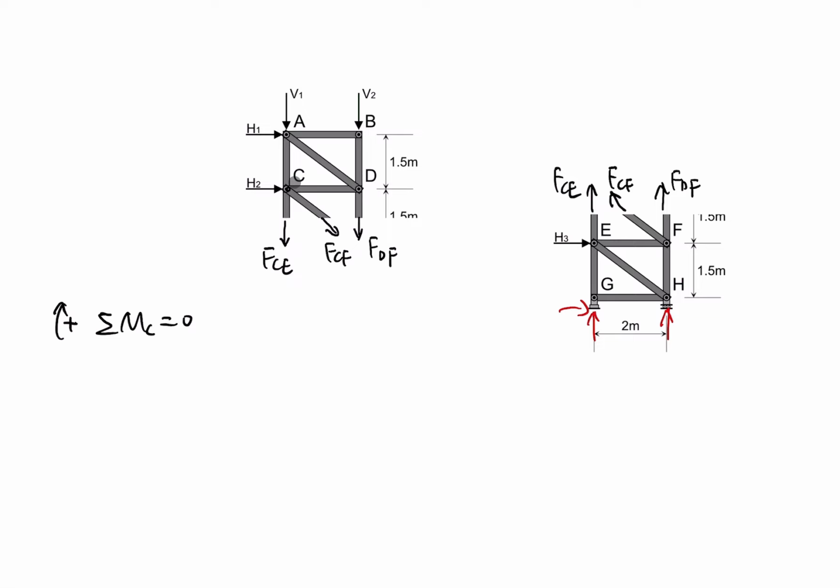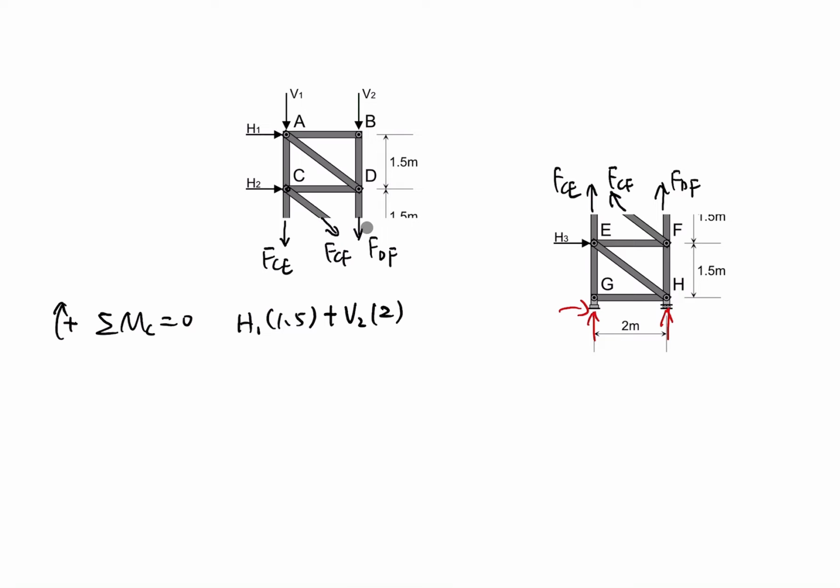First of all, we have H1. H1 has a bending moment at the joint C, and the lever arm is 1.5. H1 goes clockwise, so it's positive. And then V2 has a bending moment at joint C, so it's also positive. V2's lever arm is 2 meters.